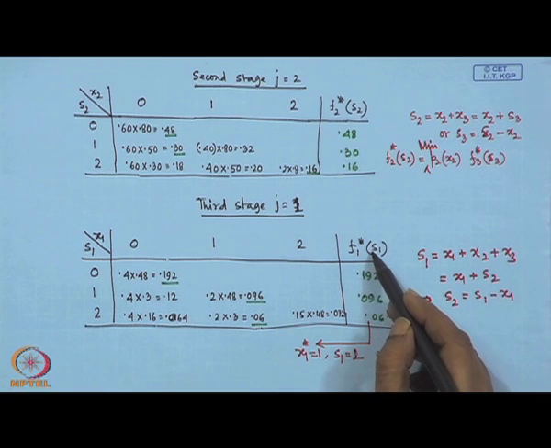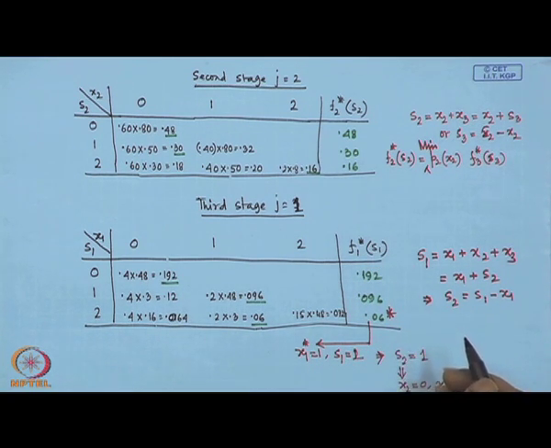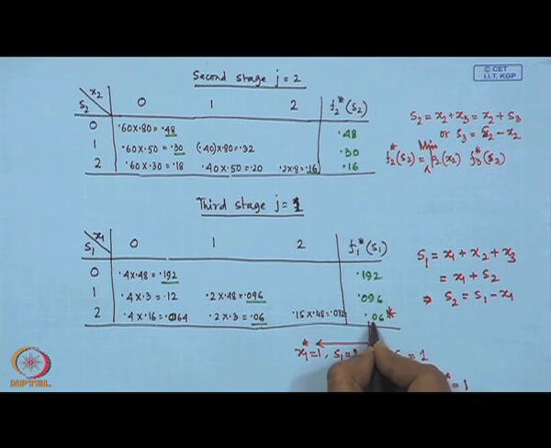And from these, if I pick up the minimum one, because I have the recursive optimization equation F1(S1) is equal to minimization of P1(x1) and F2(x2), then this is the minimum value, 0.06 is the minimum value. And how we got 0.06, that is important for us.